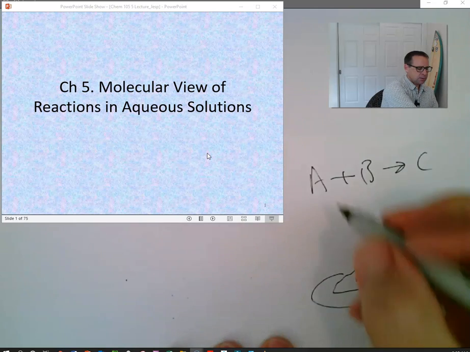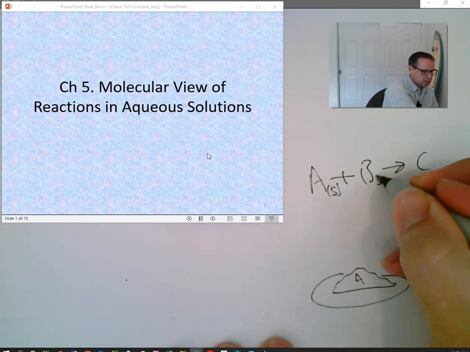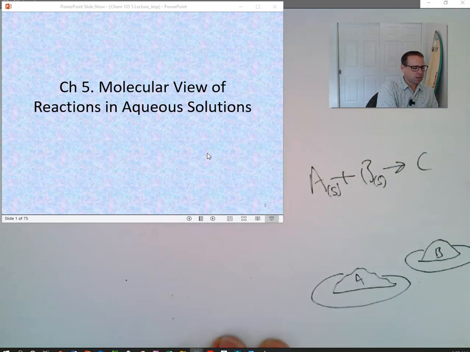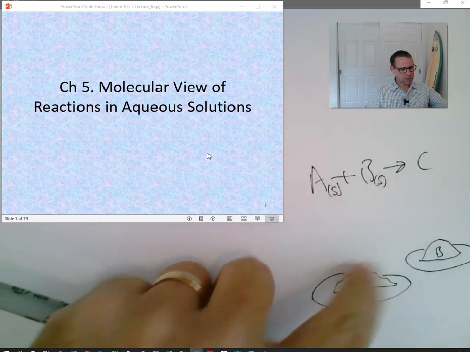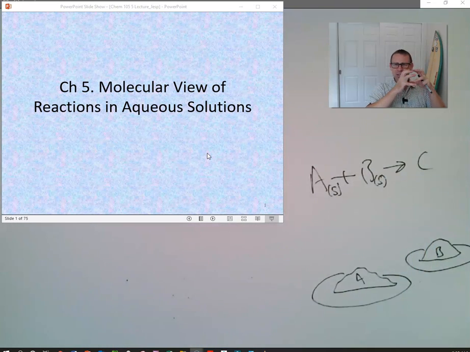And if this is solid and this is solid, it's going to be hard to mix A and B. I mean, I can put them in the same container and stir them up fast or something like that. But at the atomic level or the molecular level, if this is a solid, that means it's chunks of material, and most of the atoms or molecules inside won't come in contact with the other chemical.